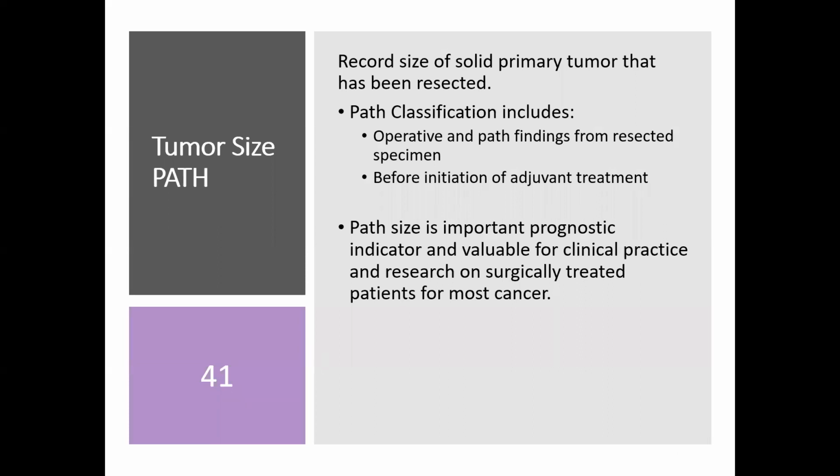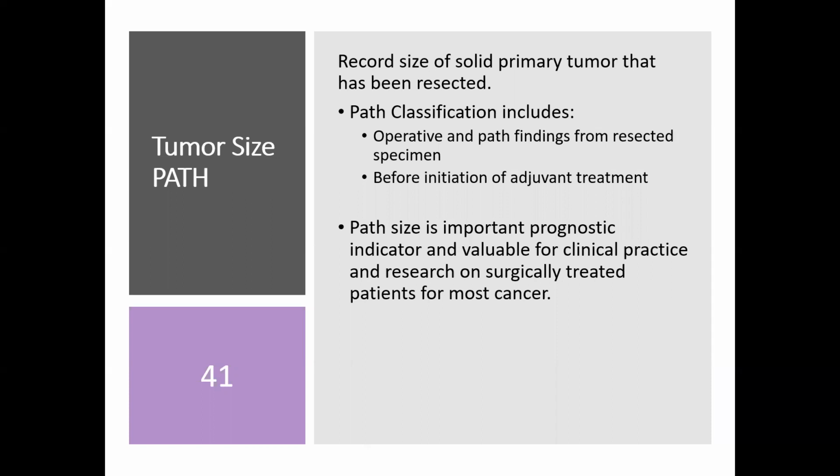Record the solid primary tumor that has been resected for tumor size path. So this path classification does include op report, path report from the resected specimen, but this tumor size path still needs to be before any adjuvant treatment. That path size is important prognostic information.